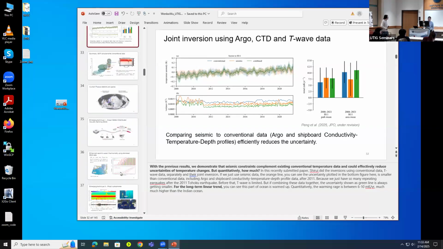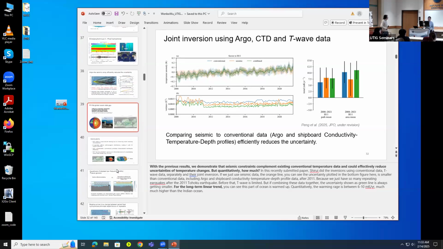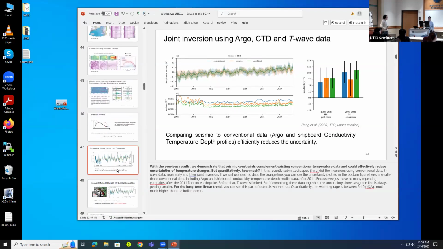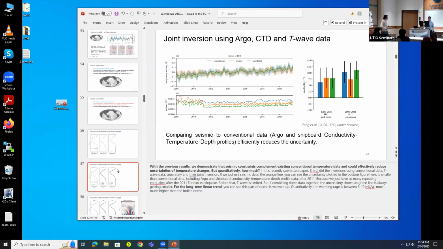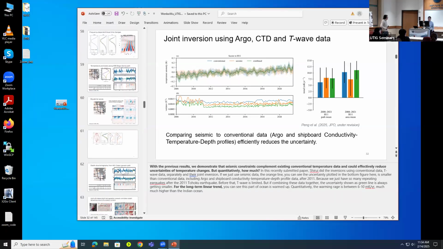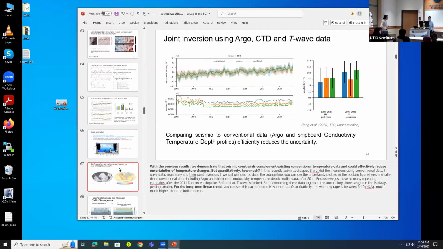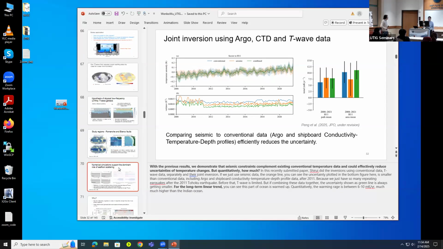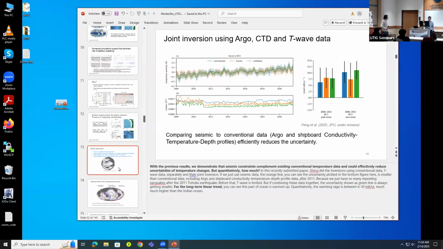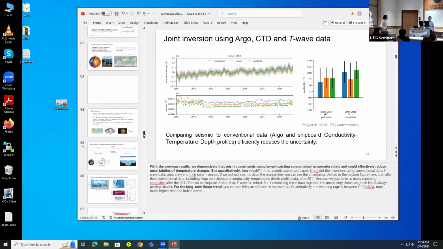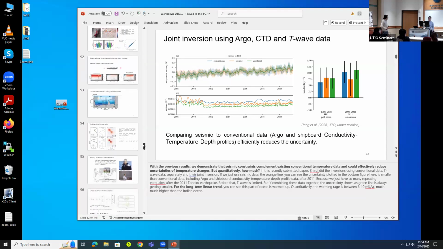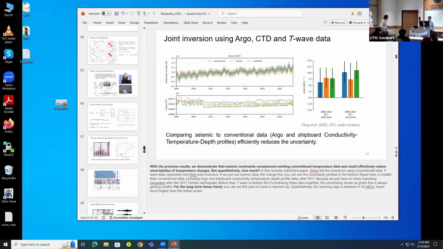Yeah, I think I can answer the easier one, the second question. The salinity and current do affect the arrival times, but it turns out, we used ECCO to calculate the effects, and their effects are an order of magnitude weaker than the temperature effect.